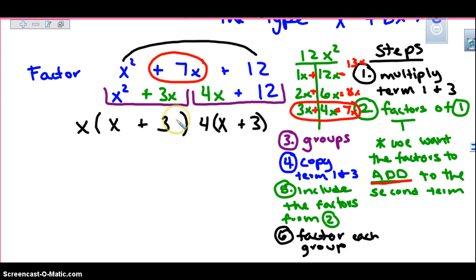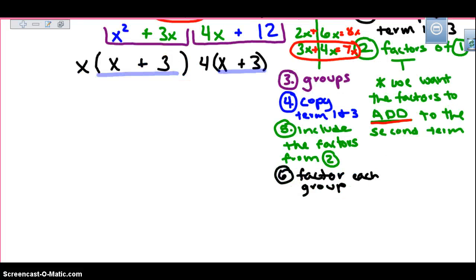This is my checkpoint right here. At this point, if this parenthesis is exactly the same as this parenthesis, we're on the right track. Okay? So now I'm ready to set up my answer. The last step needs to be to set up the answer.